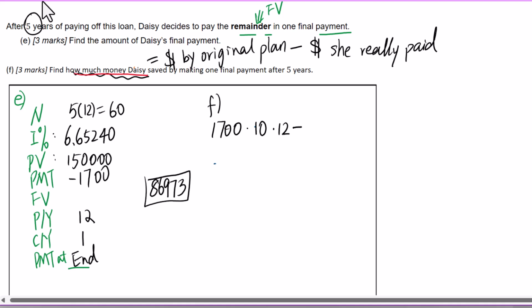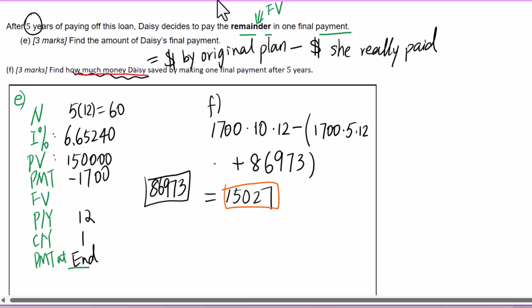Then minus the dollars she really paid, 1,700 times 5 times 12, plus one final payment, $86,973, equals $15,027.